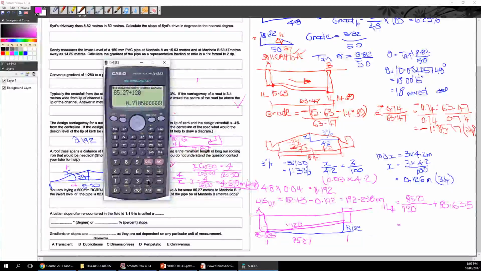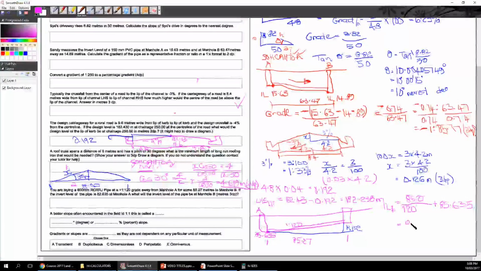And then we go plus 85.635 equals 86.346 to 3 decimal places. So that will be the invert level of B.